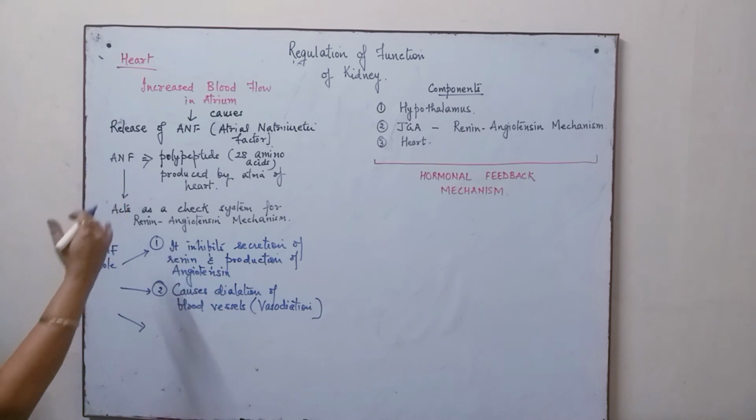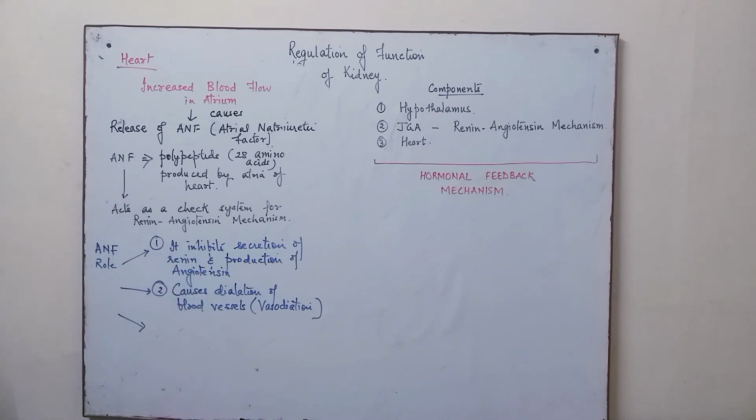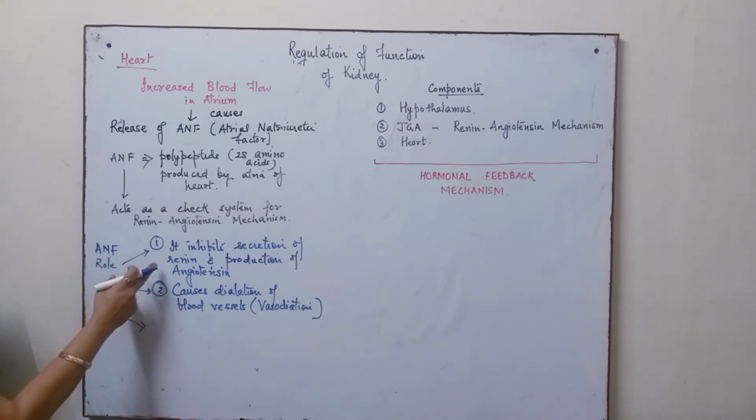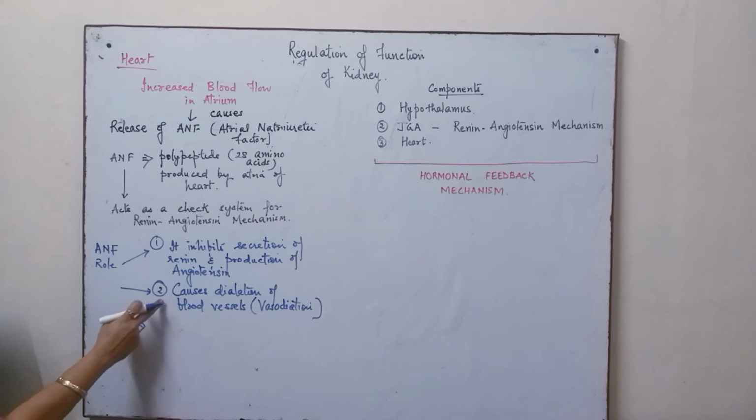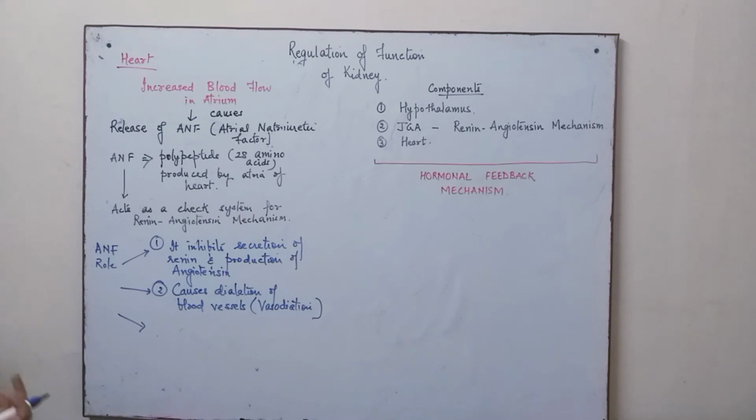The renin-angiotensin mechanism works on increasing the GFR, and the ANF is working towards bringing down the GFR. So here the inhibition of renin production checks that, and the dilation of the blood vessels will do the same work, because vasodilation will result in a decreased amount of blood passing through the glomerulus, just opposite to the working of vasoconstriction. So it is towards the lowering of the GFR.